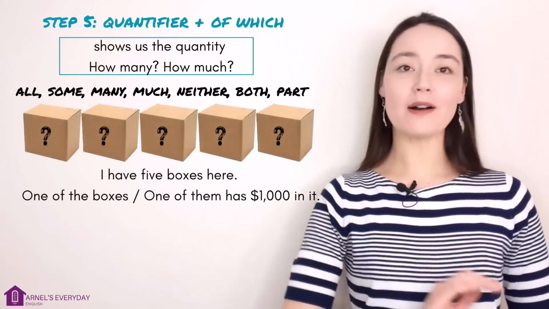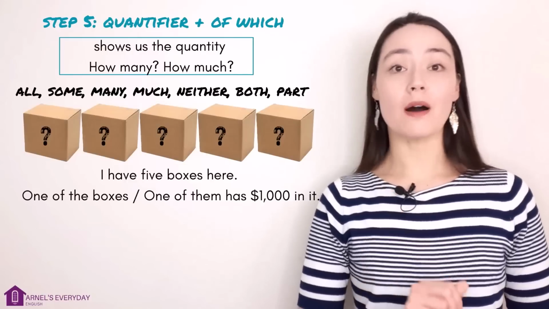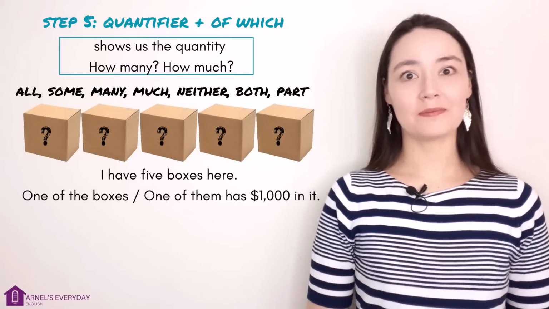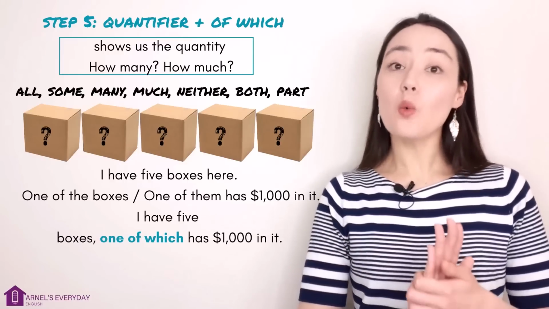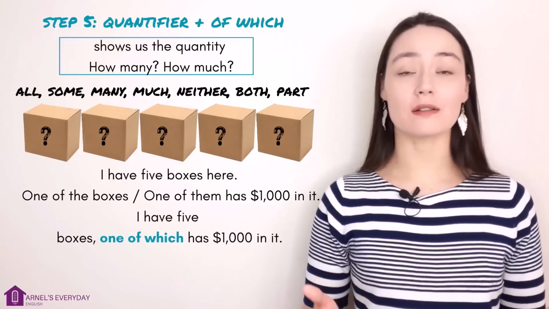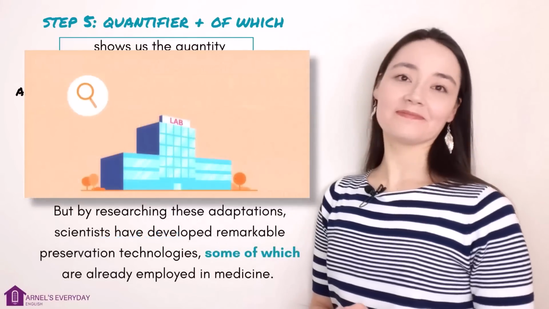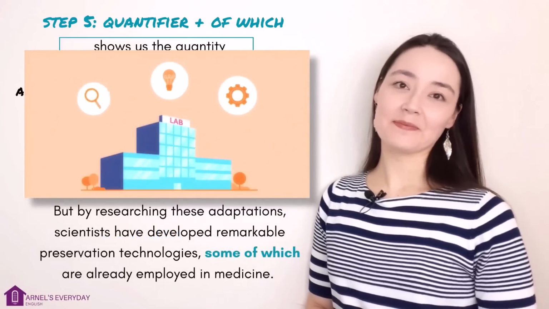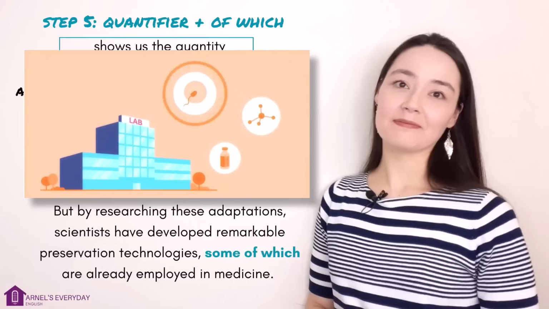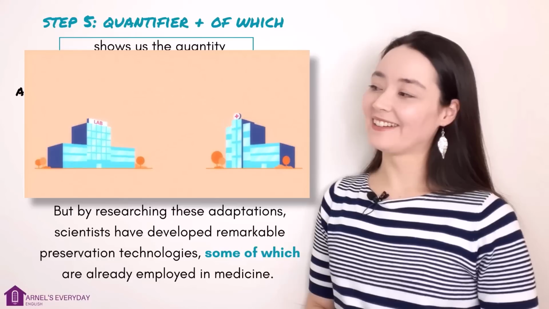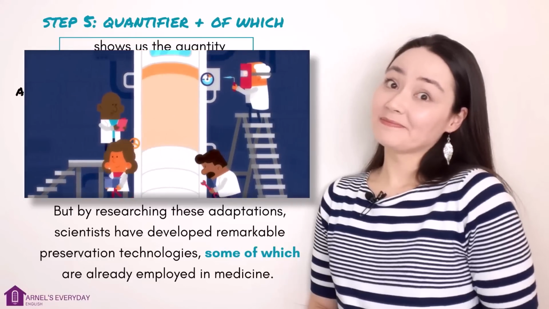I have 5 boxes here. One of the boxes has $1,000 in it. I have 5 boxes, one of which has $1,000 in it. By researching these adaptations, scientists have developed remarkable preservation technologies, some of which are already employed in medicine.